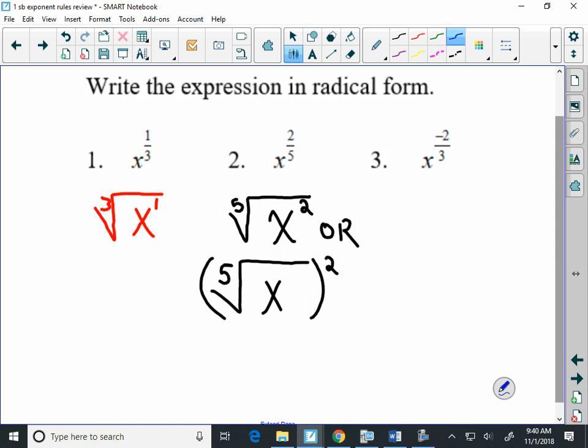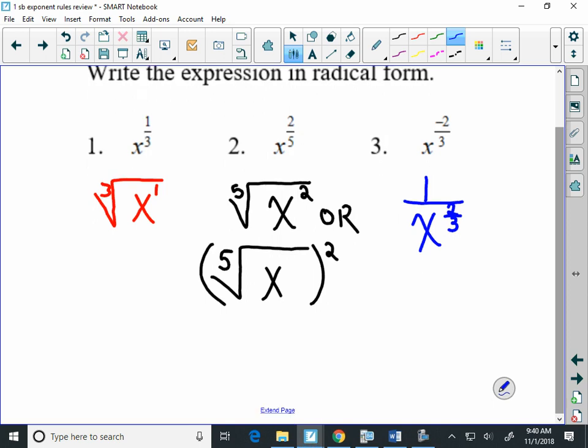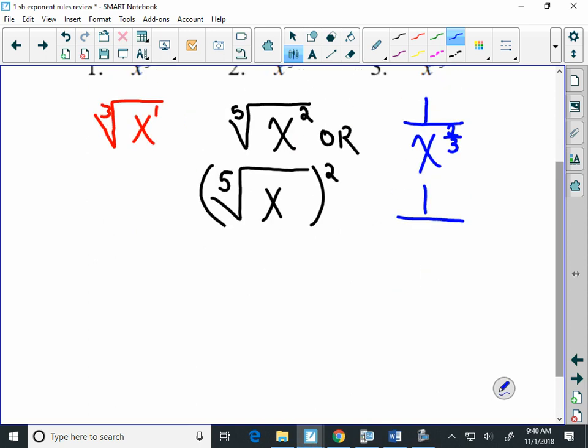Number 3, we've got a negative exponent in here, and before we even get started, let's deal with that negative exponent. Negative exponents mean that we're going to flip and change the sign on the exponent. So this is going to become 1 divided by x to the 2/3. And then after we get that, then we can rewrite this part as 1 over the x.